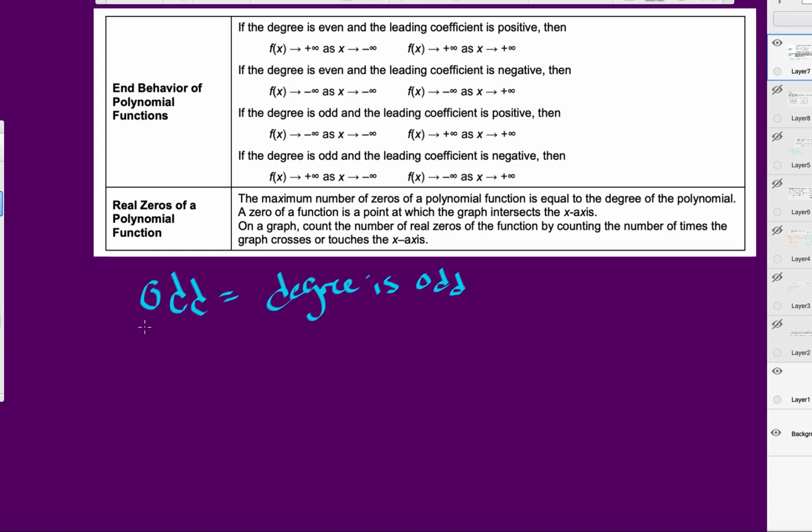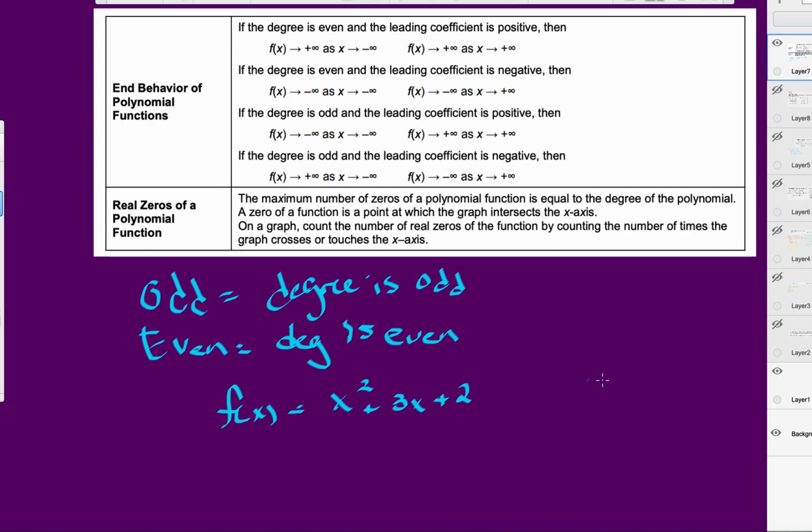And then if it's even, then of course the degree is even. And we know that from f of x equals x squared plus 3x plus 2, which will show us on the graph a parabola.